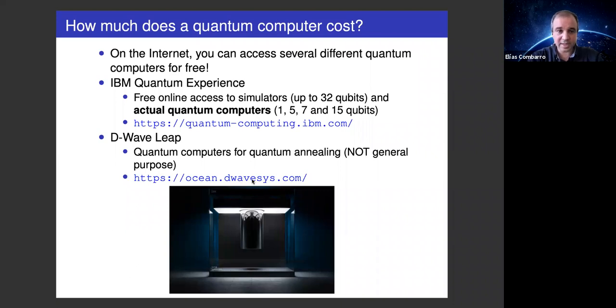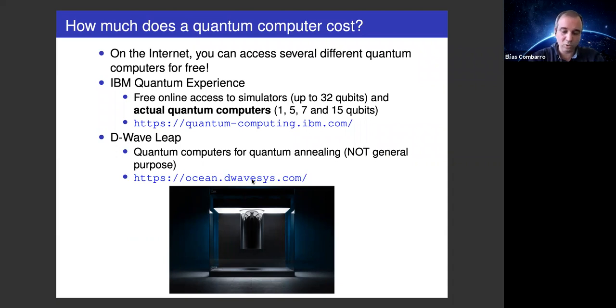So, for instance, IBM and other companies, including D-Wave, a Canadian company, offer the possibility of accessing these quantum devices for free. So you can just log into these web sites, create an account, and you can start using some of these quantum computers.